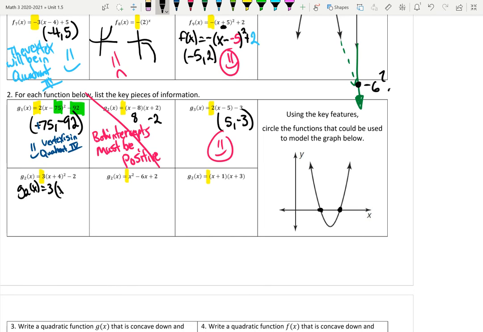Watch what I do. x minus negative 4 squared minus 2. The vertex is going to be negative 4, negative 2. That means if I start at the origin and I go left, and then I go down, it's going to be in quadrant 3, which is a no-go.